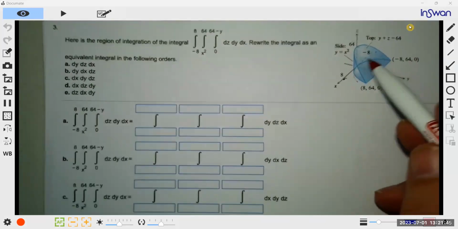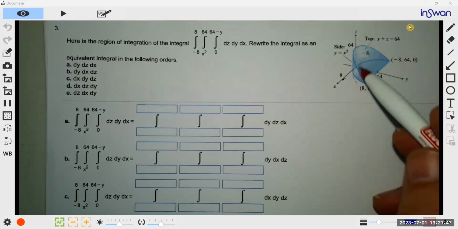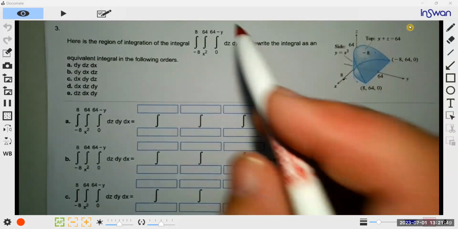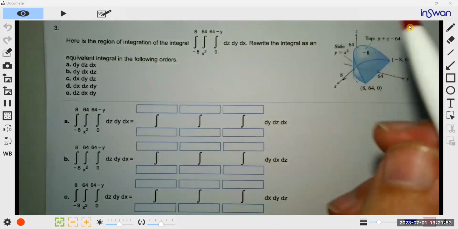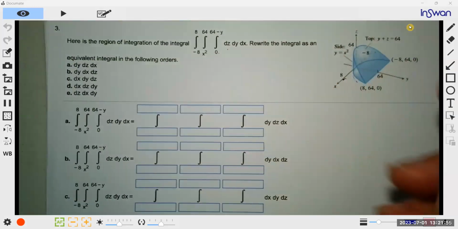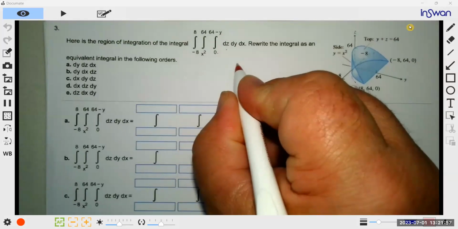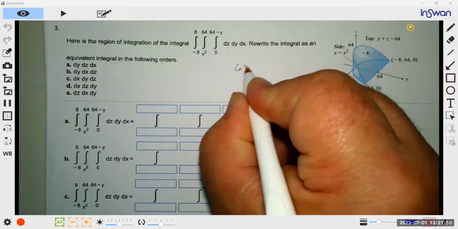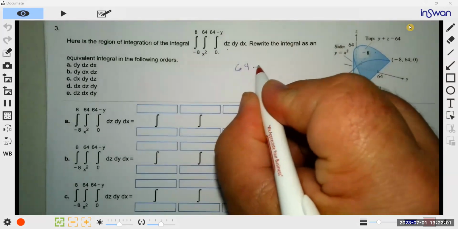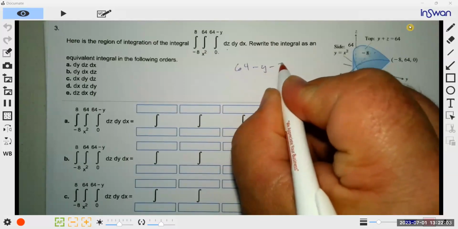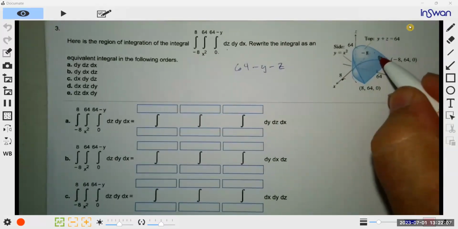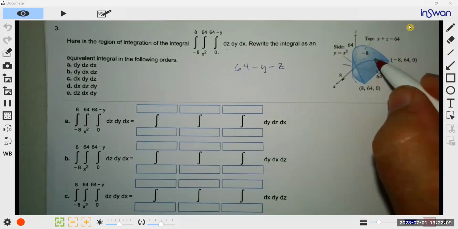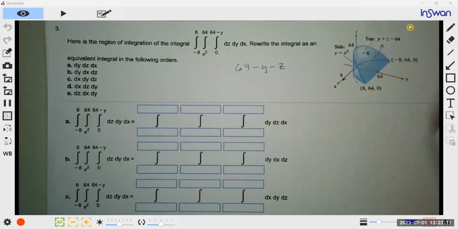So the curve is y equals x squared and ends at 64. And from 0 to 64 minus y, that's dz. So we know our formula is 64 minus y minus z, which is what it tells us.